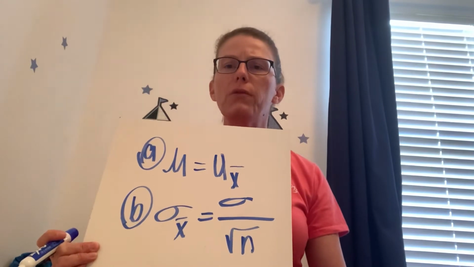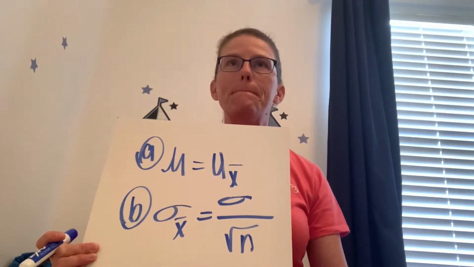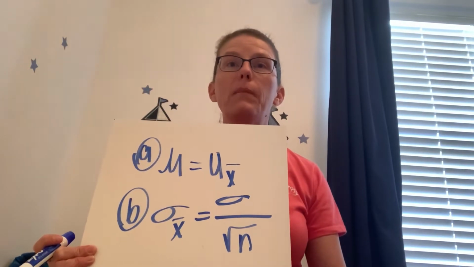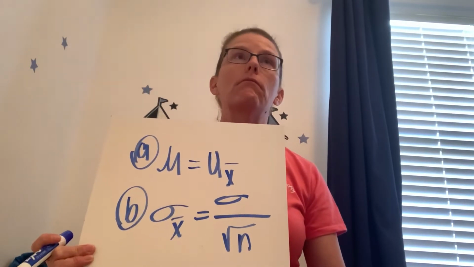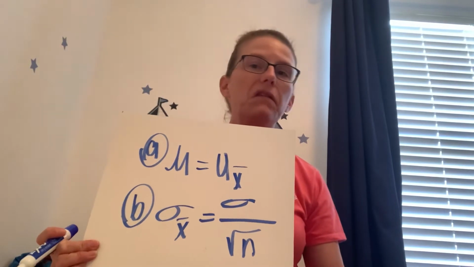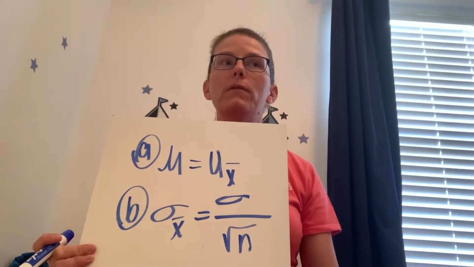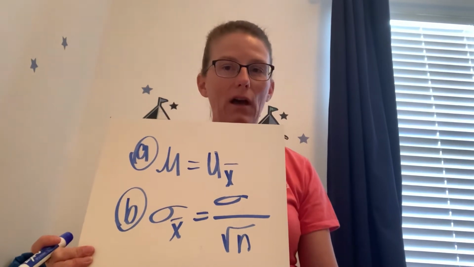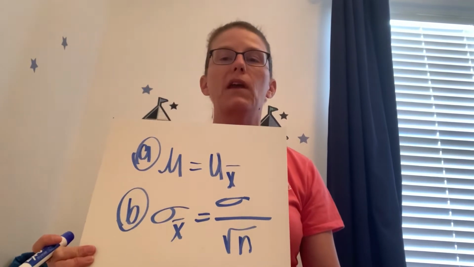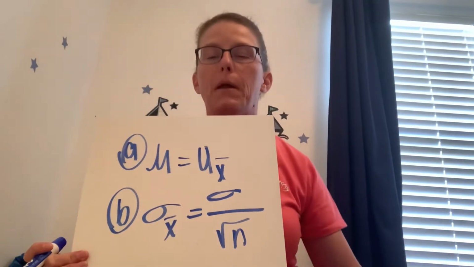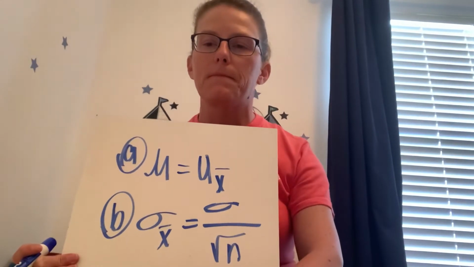And you'll also read that we want to know the probability that their mean is at most, at least. The verbiage is still the same, but I'm not selecting one, I'm selecting a group, and I'm looking at the probability that their means will be a certain value, depending upon the context.